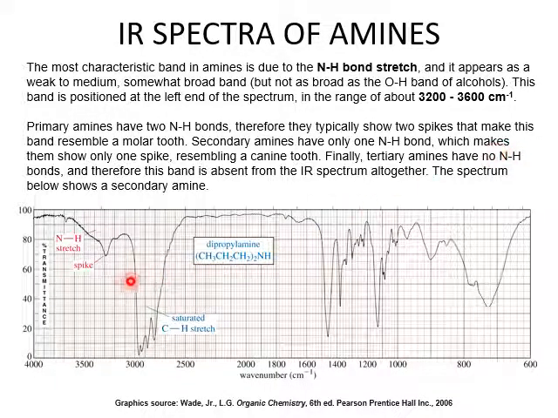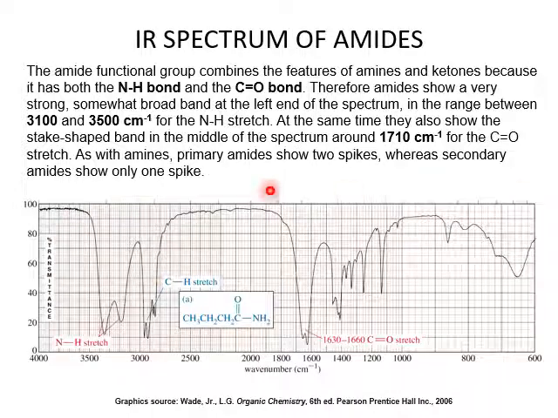About amine, you can see a broad peak between 3,200 to 3,600, and it's a sign of an amine group, NH. And for amide, you will see NH stretch around 3,500 and 3,100.